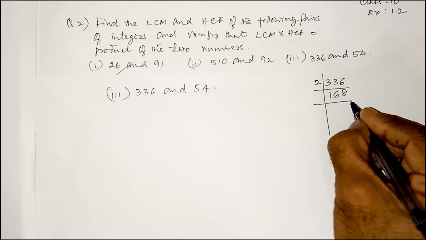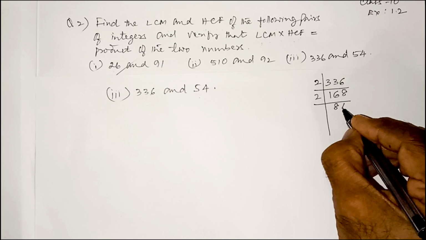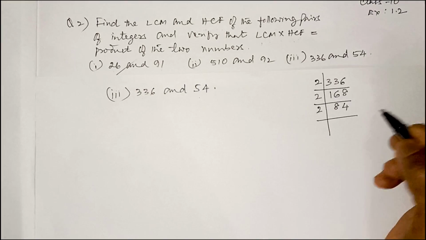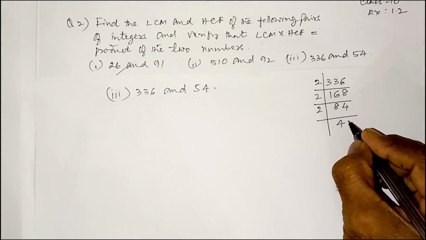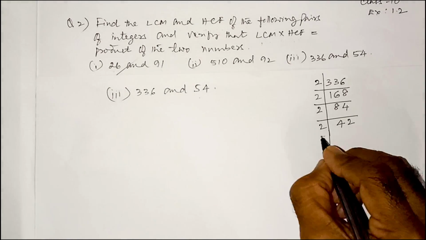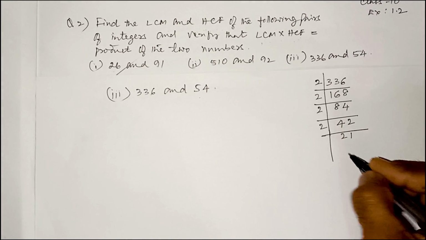Now again try with 2. 2 into 8 is 16. 2 into 4 is 8. Again try with 2. 2 into 4, 2 into 2. Once again with 2. It goes 2 times and 1 time.